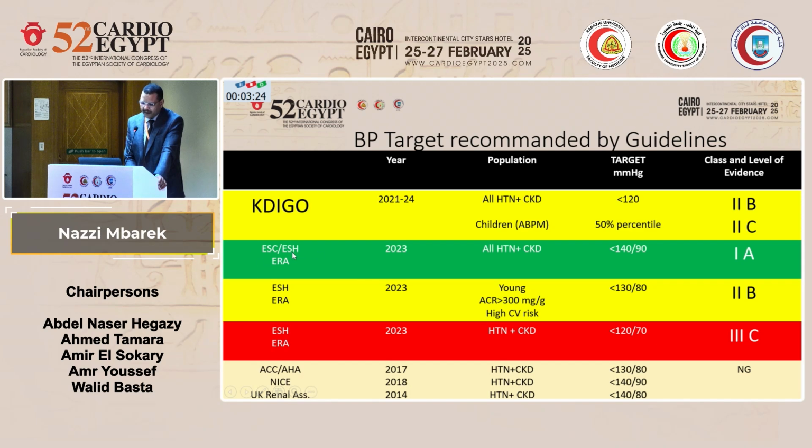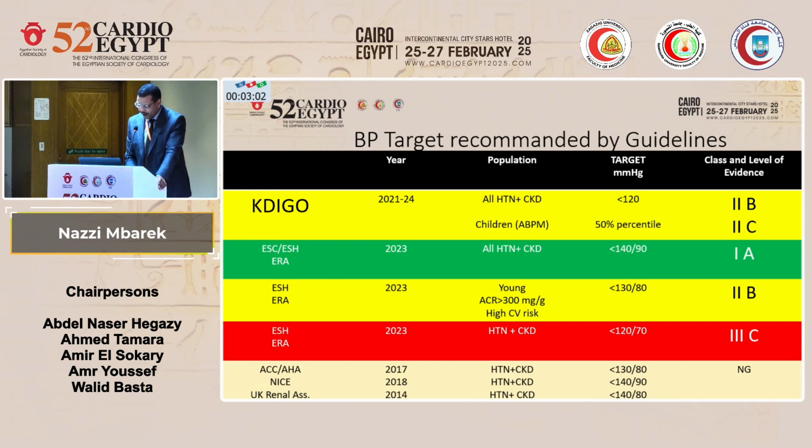Whereas the European Association in 2023 recommends less than 140/90 for all patients, with a strong recommendation, and they prohibit the target of less than 120 millimeters Hg.